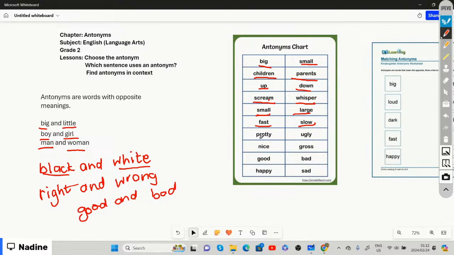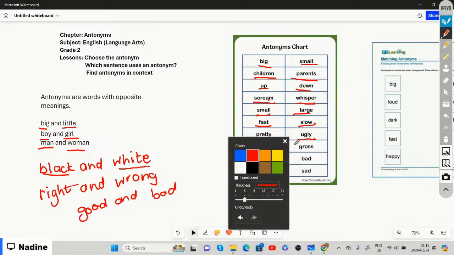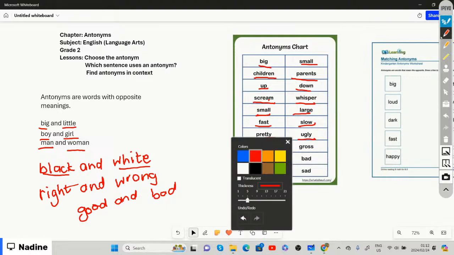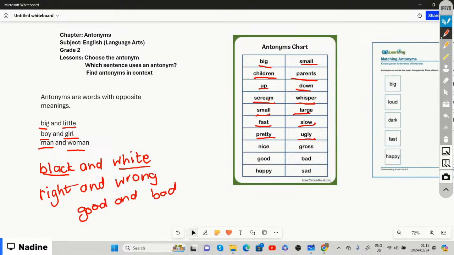Then we either say you are pretty or beautiful, and ugly. Happy and sad is correct. And then we have good and nice.